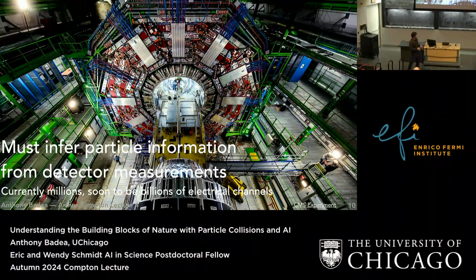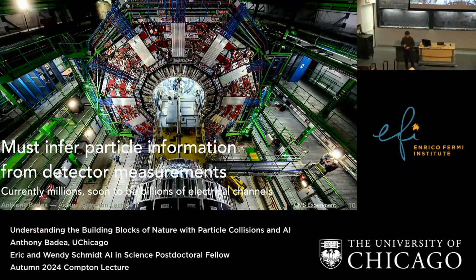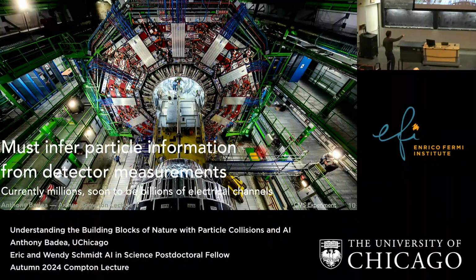So this experiment right here, this is the CMS experiment. There's around 100 million electrical channels. The experiment I work on, the ATLAS experiment, is a very similar number. And soon, after the upgrades, there will be billions of electrical channels. So billions of channels, billions of zeros and ones flying back to the computers. And we need to analyze all of this data and actually infer particle properties from it.